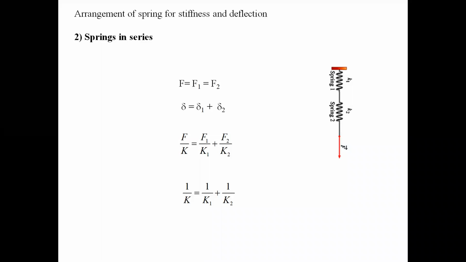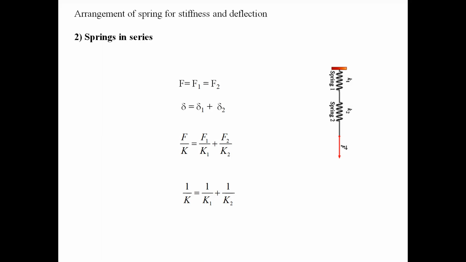So F is equal to F1 is equal to F2, and the deflection delta is equal to the deflection of the first plus the deflection of the second. So the equation becomes delta is equal to delta 1 plus delta 2.